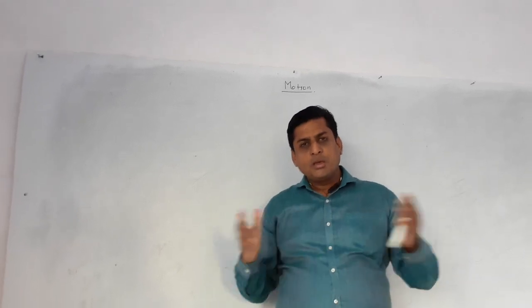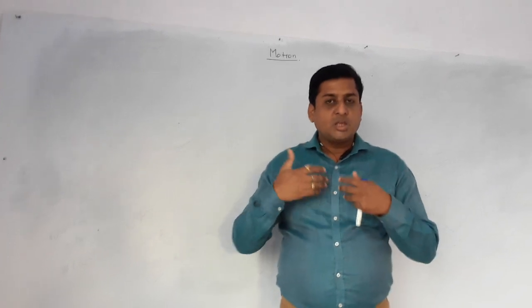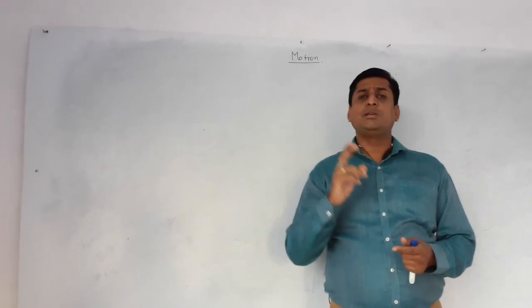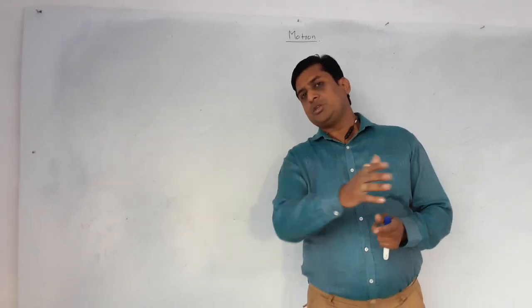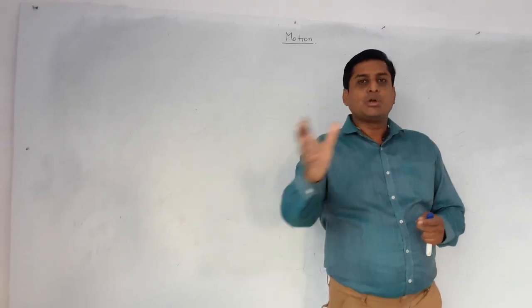In this way, there are so many examples in your daily life in which you can see the change of position of bodies. What are the two common things in all these examples? The first common thing is everybody is changing its position, and the second common thing is during the change of position, time is also changing.